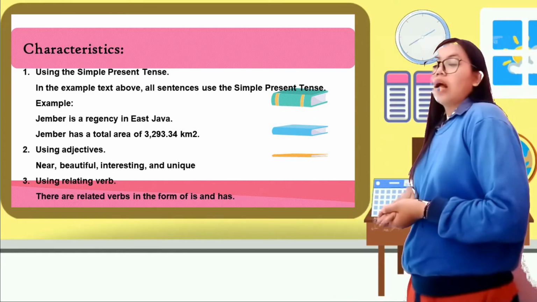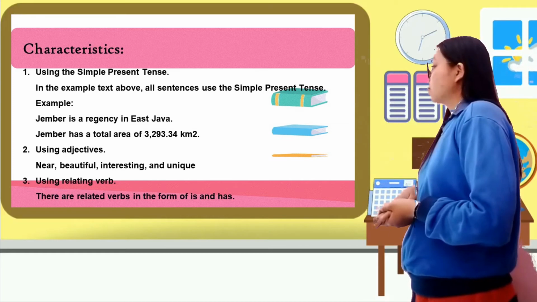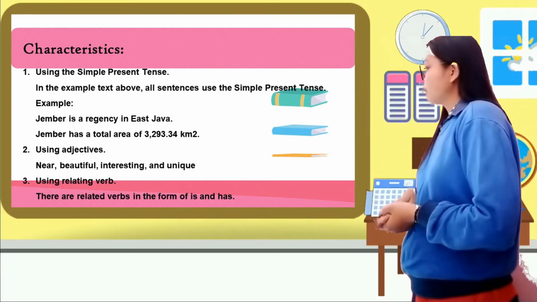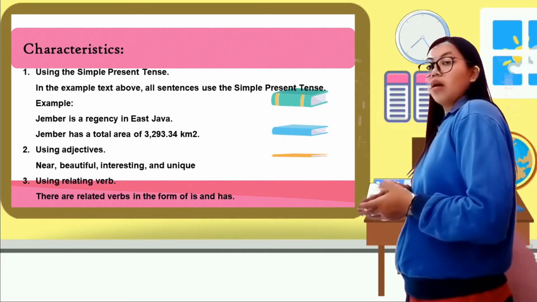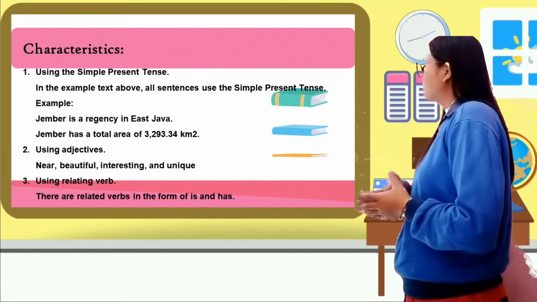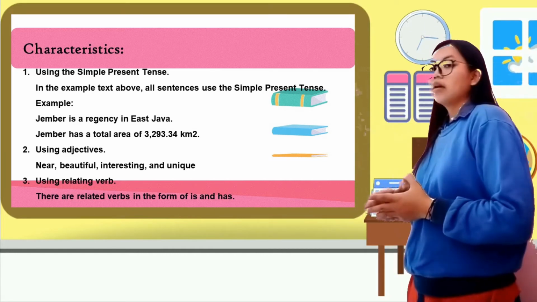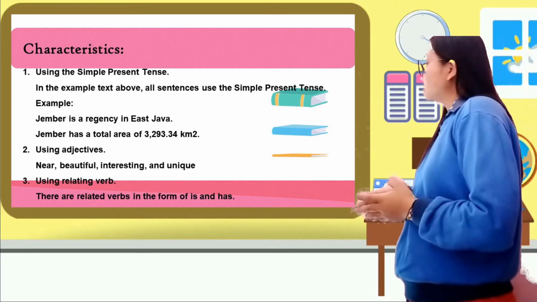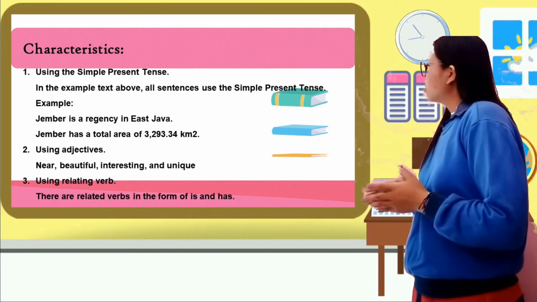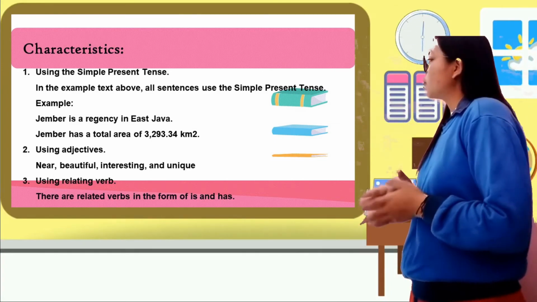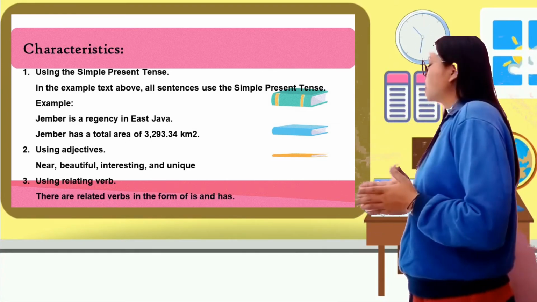So I will read the example. Jember is a regency in East Java, and then Jember has a total area of 3,293.34.